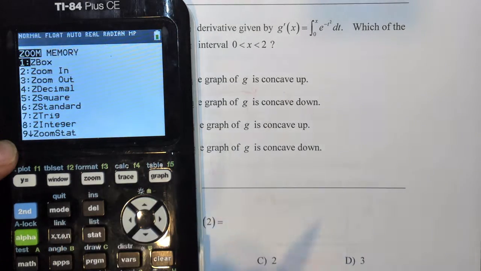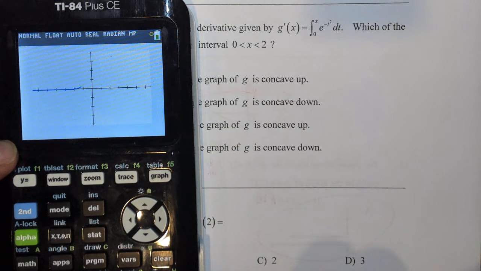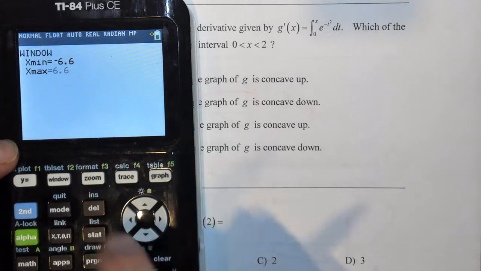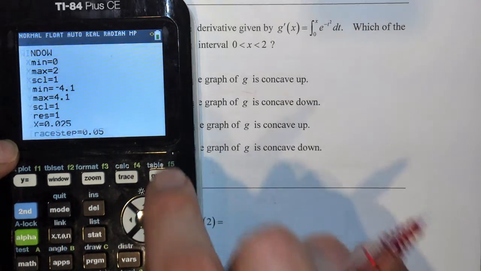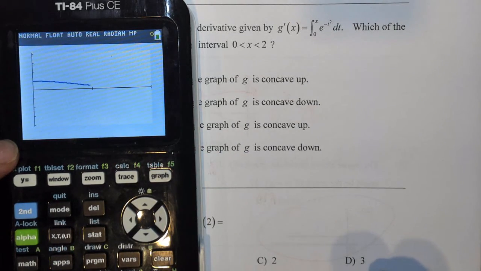If I graph this, just do a zoom 4, there's the graph. It's an e graph, and it basically looks like a random hill in the middle of a field. What do I know about this? From 0 to 2, so window 0 to 2. There's my graph of e.